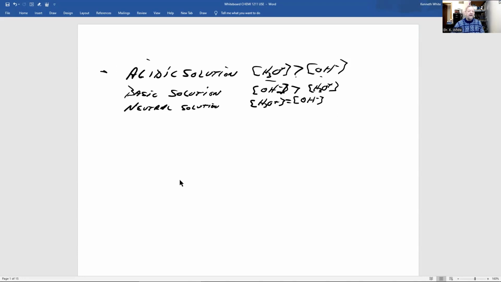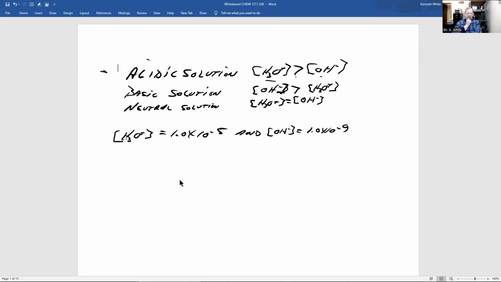So if you have hydronium equal 1.0 times 10 to the minus fifth, and hydroxide equal 1.0 times 10 to the minus ninth, is this acidic, basic, or neutral?